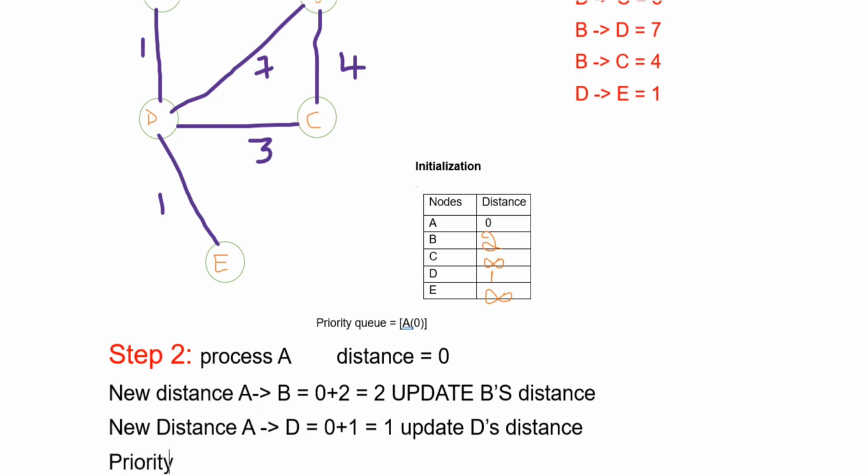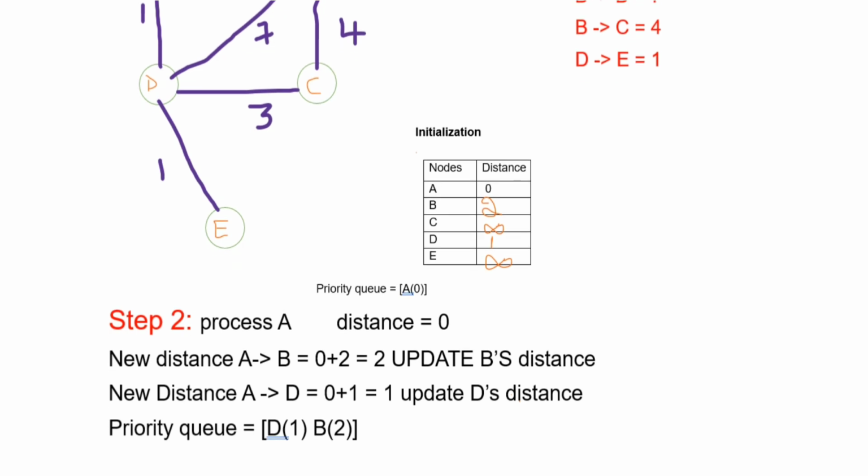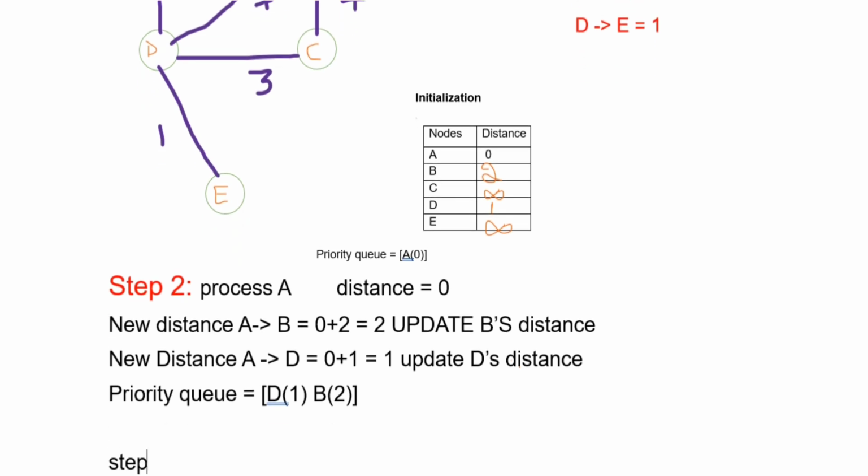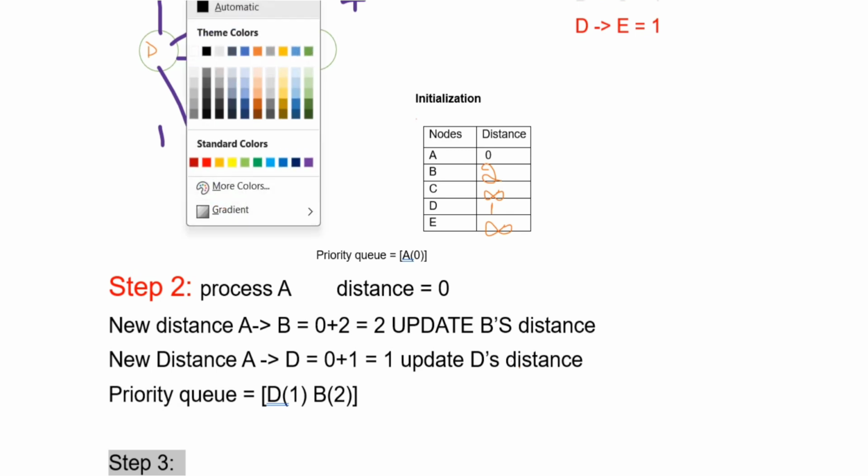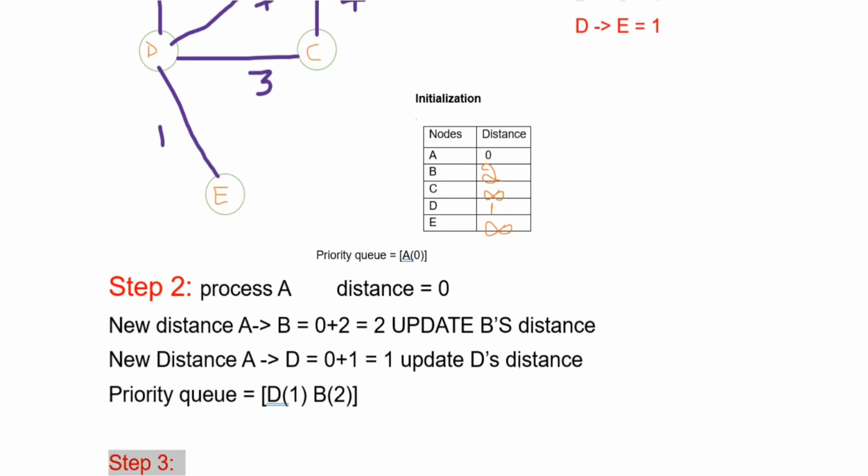Update D's distance to 1. With the updated distances, the priority queue is D of 1 and B of 2.